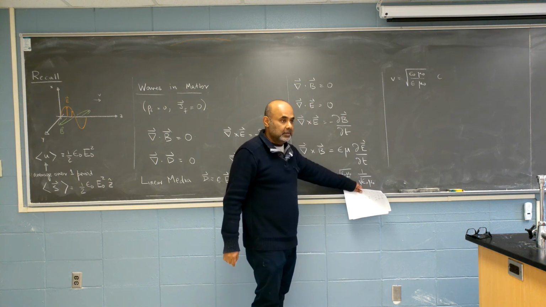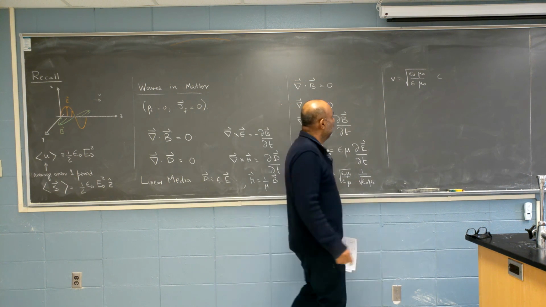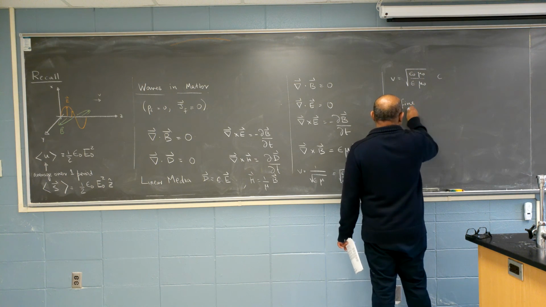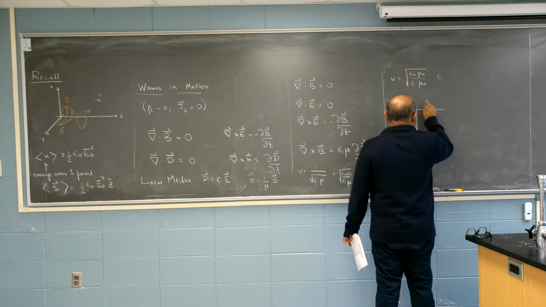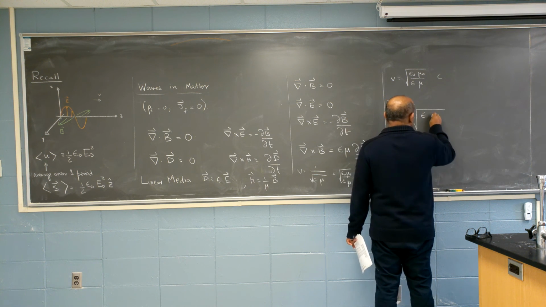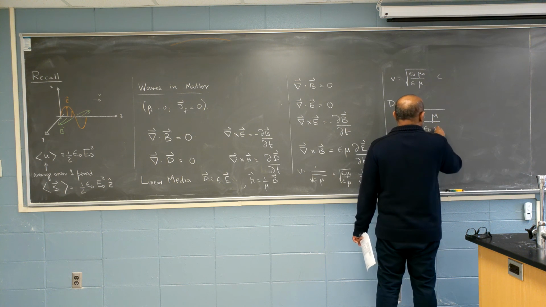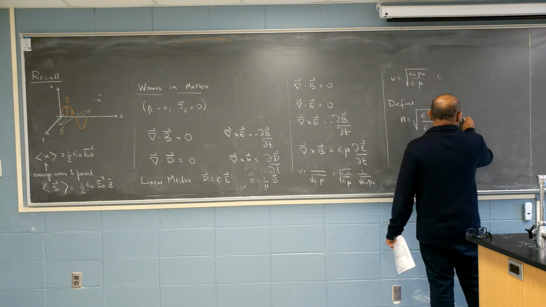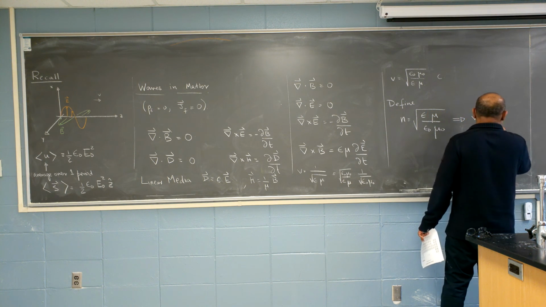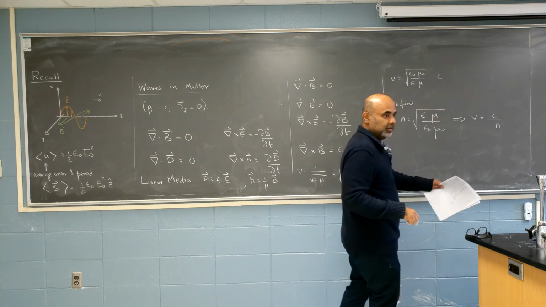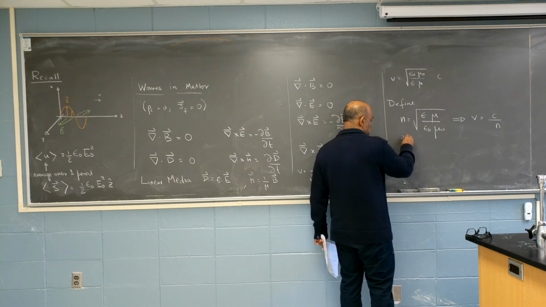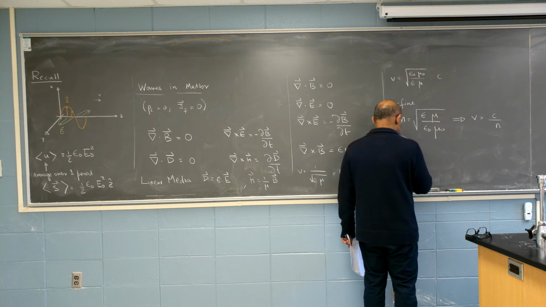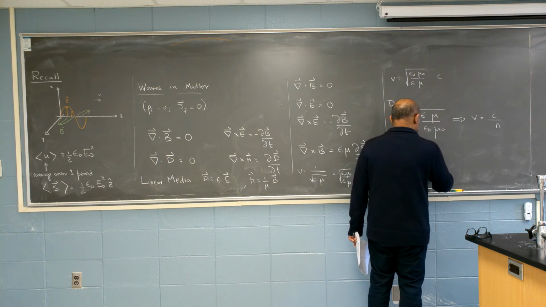I got this to be the speed of light, and whatever this is, epsilon mu divided by epsilon naught mu naught, then I get v equals c over n. And you guessed it, what is this n? Index of refraction. That's what we're going to call the index of refraction.